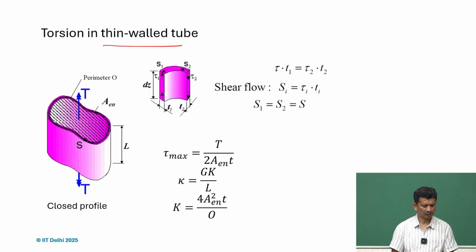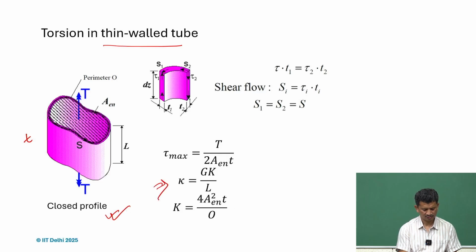So, for instance, if you are talking about a thin wall tube, with very thin, uniform thickness T, but it's a closed profile, what we realize is that in this case the rotational stiffness is GK over L. G is the shear modulus and K is this parameter.